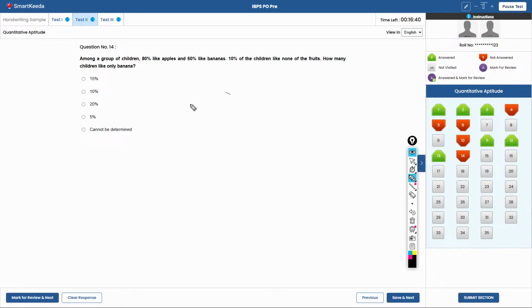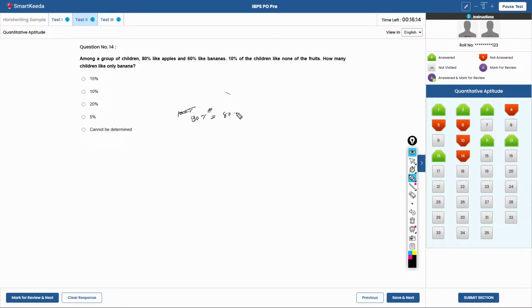So like both will do. 100% is, this is 90%, right?